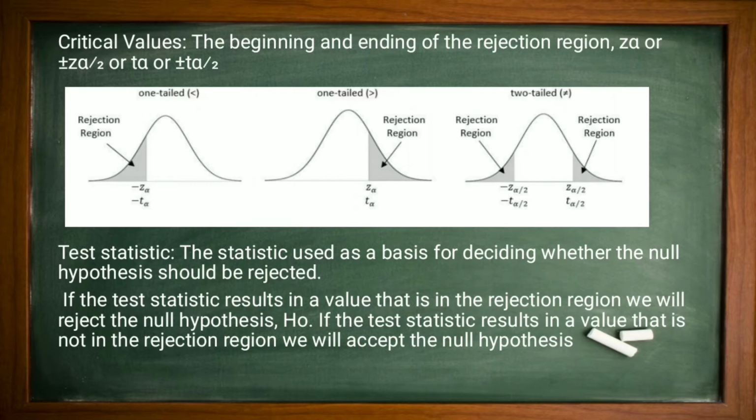If the test statistic results in a value that is not in the rejection region, we will accept the null hypothesis. Okay? Otherwise, we will accept.